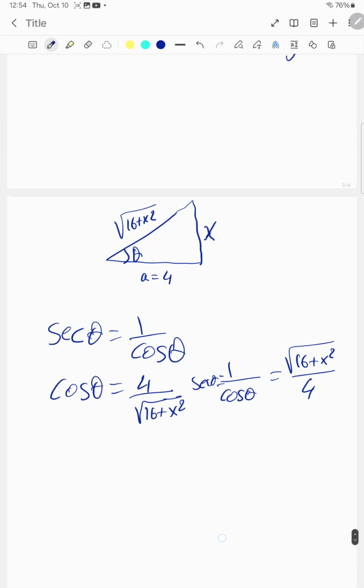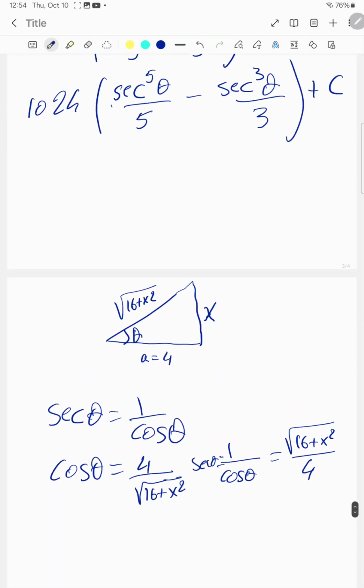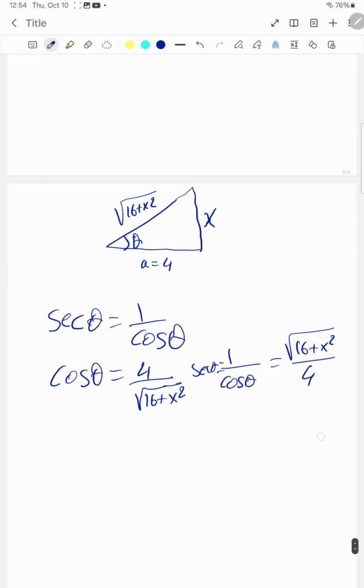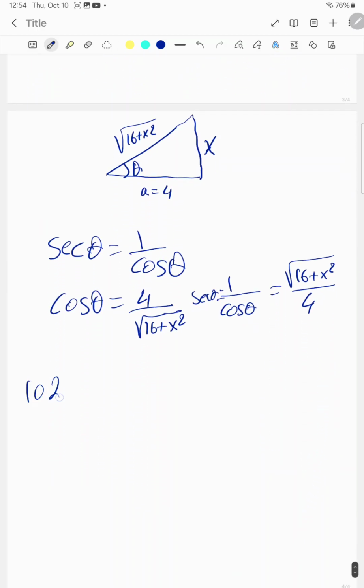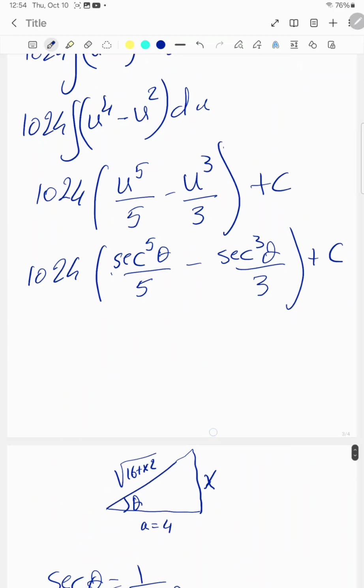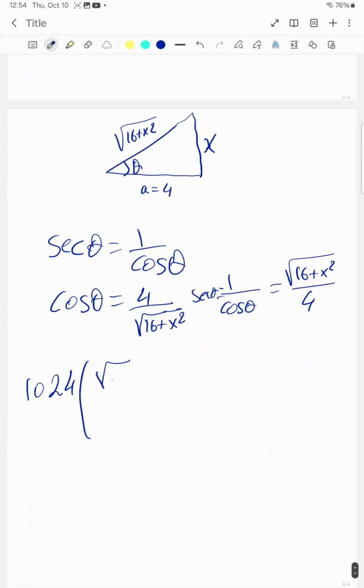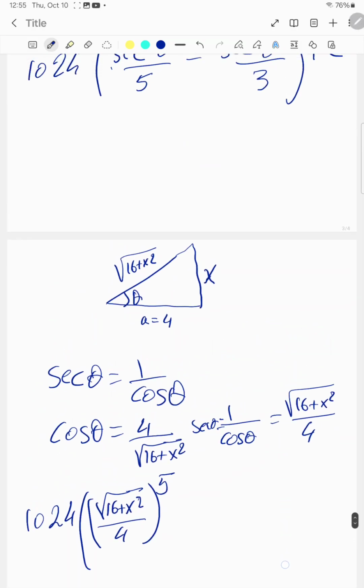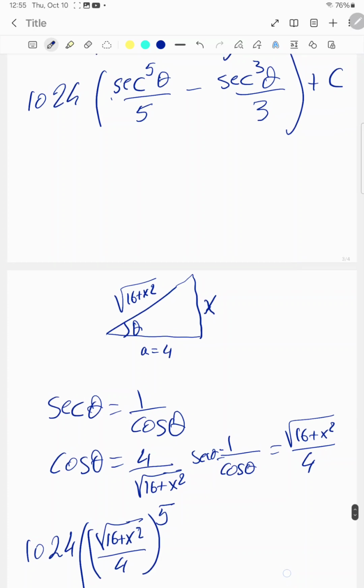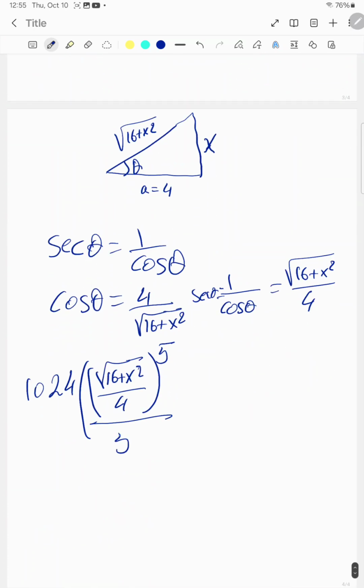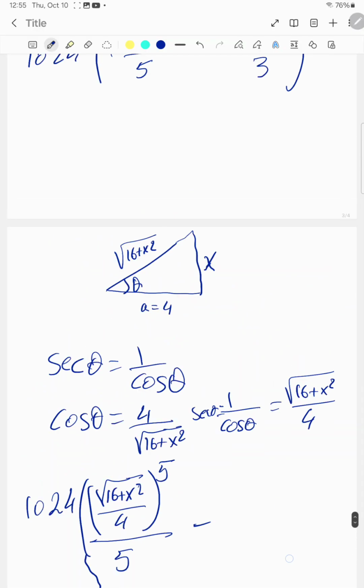So now I will replace my sec theta here by square root of 16 plus x squared divided by 4. So my solution becomes 1024. I open my parentheses. I had sec to the power of 5 of theta, so square root of 16 plus x squared divided by 4, to the power of 5, divided by 5, minus, it was sec to the power of 3 here.